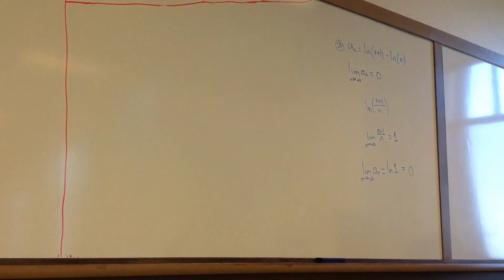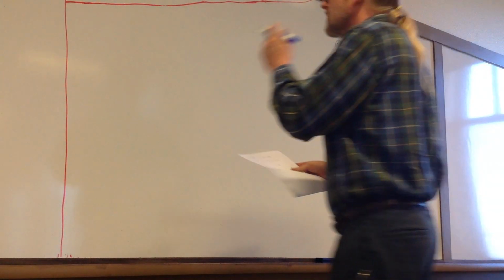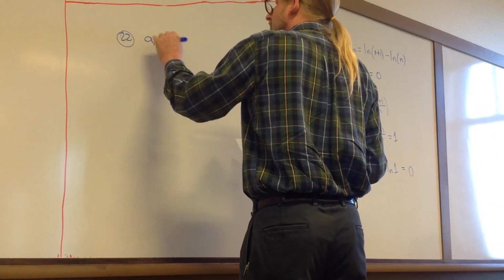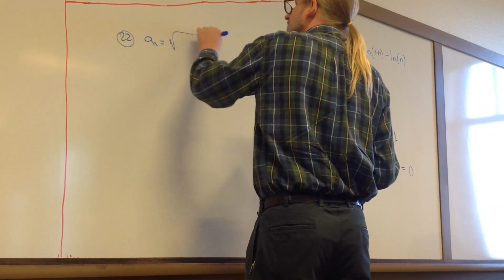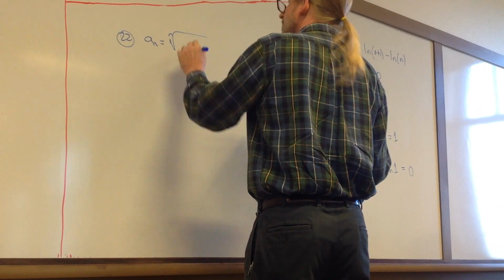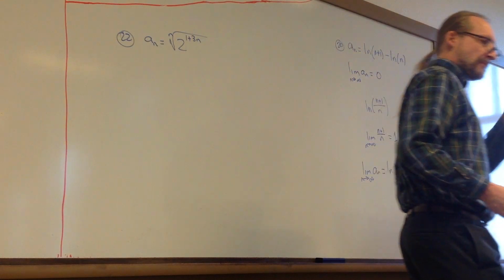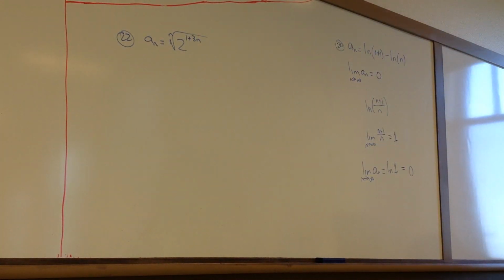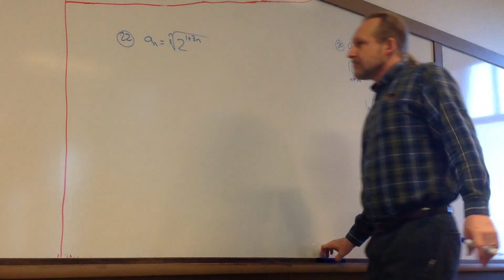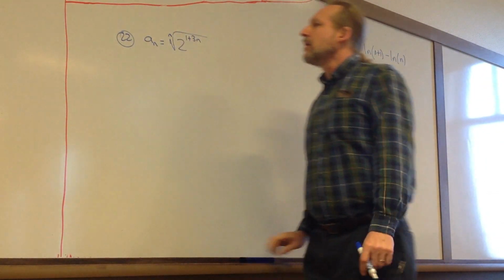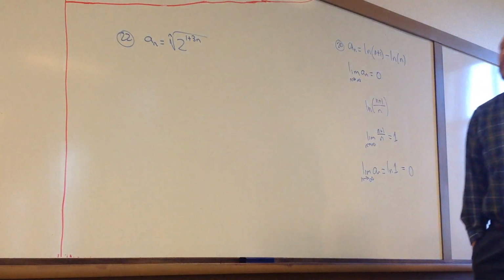All right, let's look at problem 22 here. Problem 22, a sub n is the nth root of 2 to the 1 plus 3n. Okay, and again, being familiar with the properties of algebra is very helpful in doing this problem.